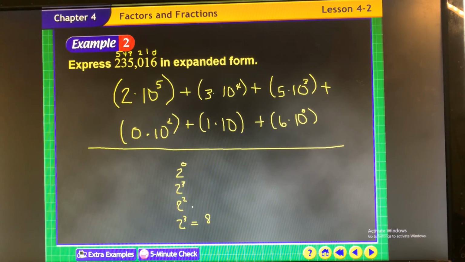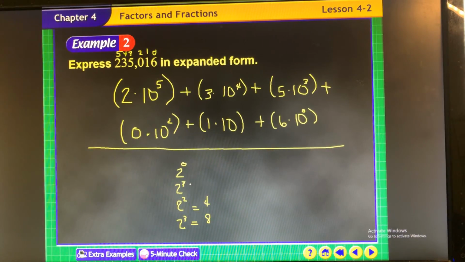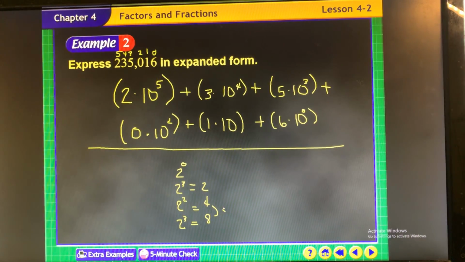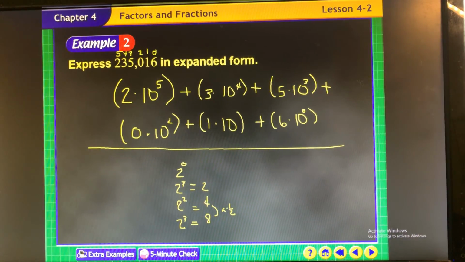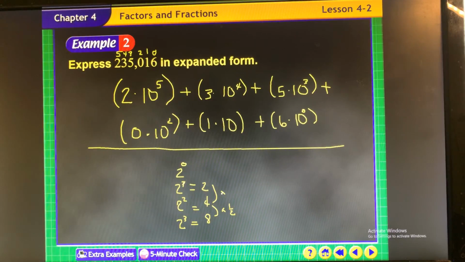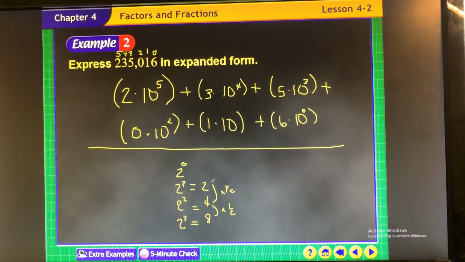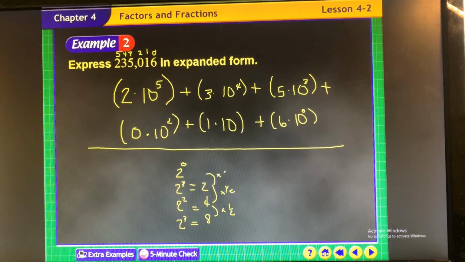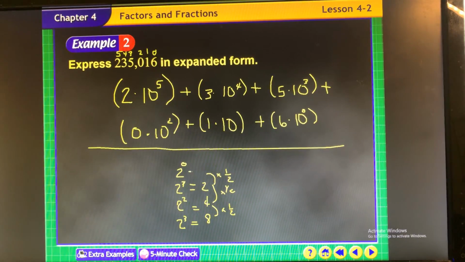This is 8, this is 4, this is 2. If you look at the pattern for each one of these, you're multiplying it by a half to go backwards. And if I said to you, take half of 2, you would say 1. So it's based on a pattern. So always remember anything to the 0 power is 1.